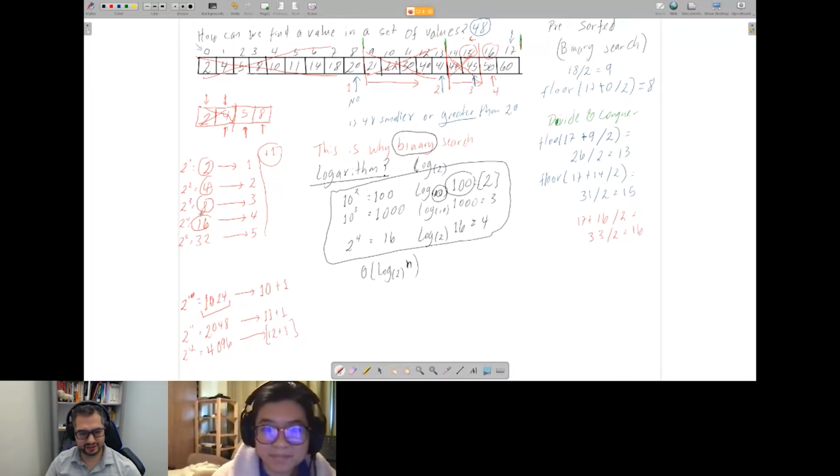It's because the numbers are doubling, because every time you elevate 2 to the power of 1 plus the one before, the value doubles, right? Does that make sense?